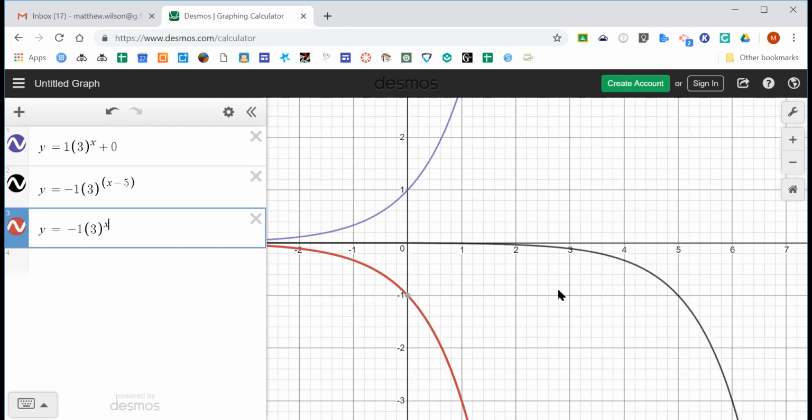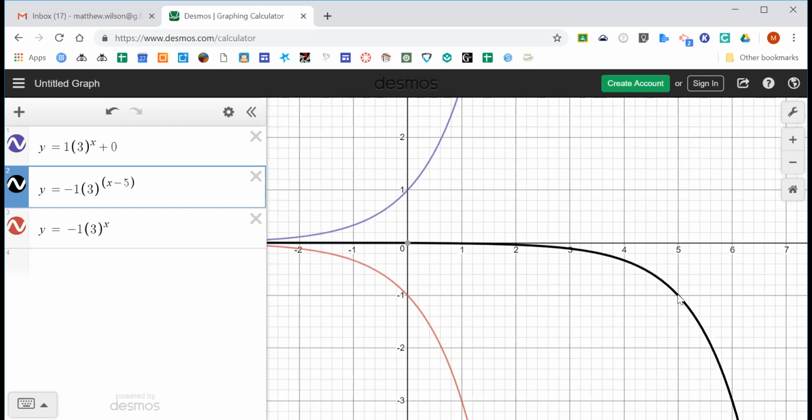Here it is at 0, there's 1, 2, 3, 4, and there it is, it's 5 to the right. So it was at 5, -1. So it is reflected, and in your notes, which equation would model this reflection? That would be g of x is equal to negative 1 times 3 to the x minus 5 power.